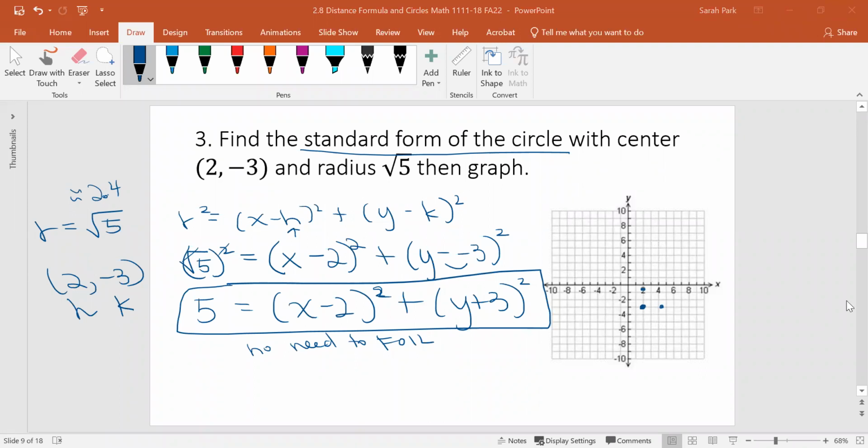Oh, here it is. So 1, 2, about here, and down here. And so if we draw a circle, there is more or less a circle with center 2, -3 with radius square root of 5 or 2.4 units wide.